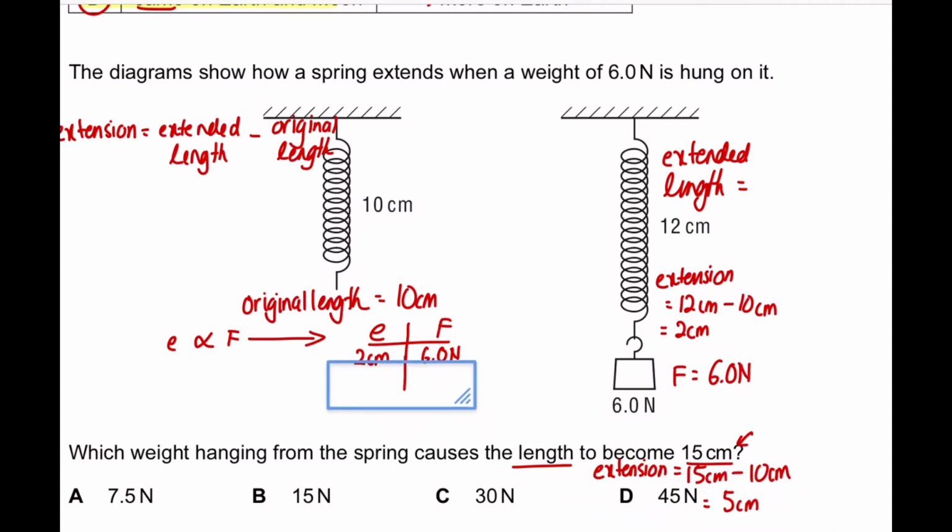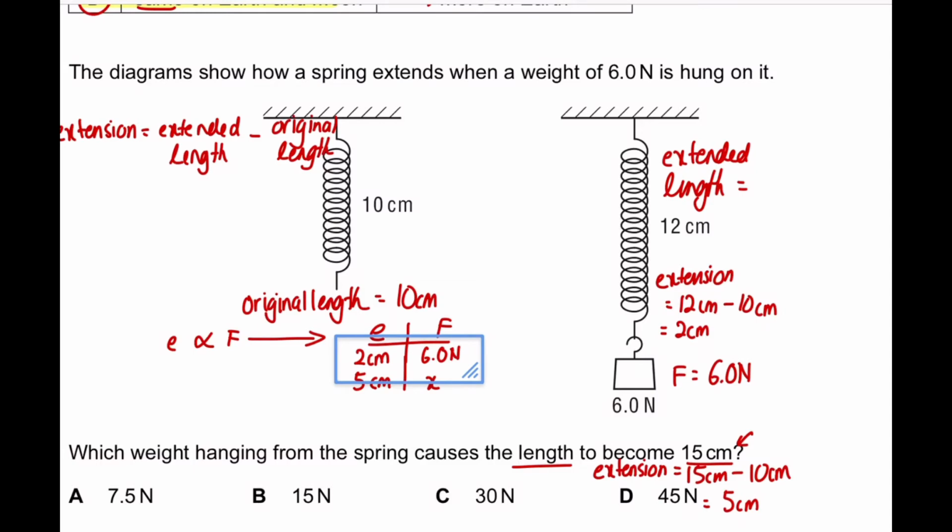So we write the 5 centimeter of extension under E. Do we know the weight that causes the 5 centimeter extension? No. So we'll write X.